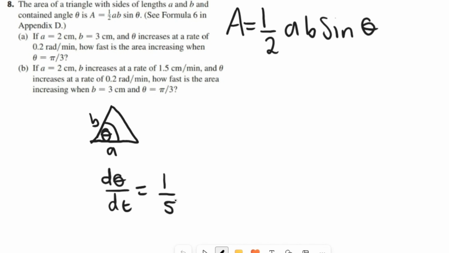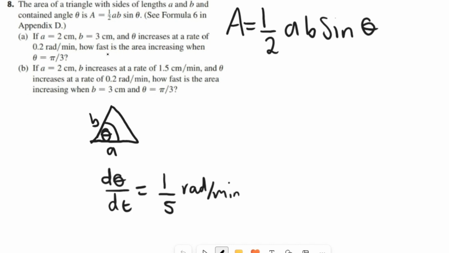I'm writing 1/5 because I'm avoiding decimals; if I work with fractions alone, that will be fine. The unit is radians per minute. This is the unit for theta, and this is the unit for time, that is why it's d theta/dt. The rate at which theta is changing with respect to time is radians per minute. I hope that one is clear.